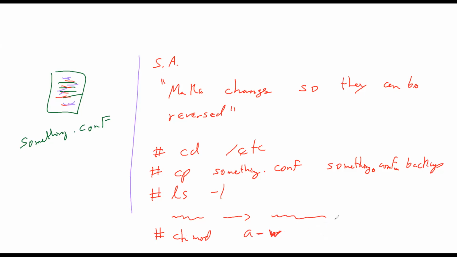So you can say chmod a-w something.configuration.backup, and that's just to further protect that file so that you can keep it as your reference, especially if something is complicated and you're not too sure about what you're doing. I strongly recommend that you take a look at that idea. All right, so that's definitely recommended.